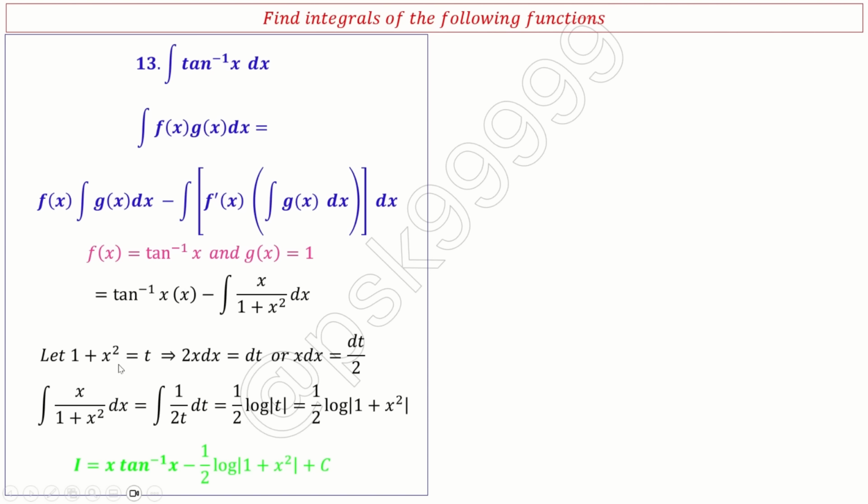So if I take 1 plus x square as t, 2x dx is dt, or x dx is dt by 2. So if I solve this one, I get 1 by 2 log t, which is nothing but 1 by 2 log of 1 plus x square plus constant, of course. So the complete integration is x tan inverse of x minus half of log of 1 plus x square plus constant.